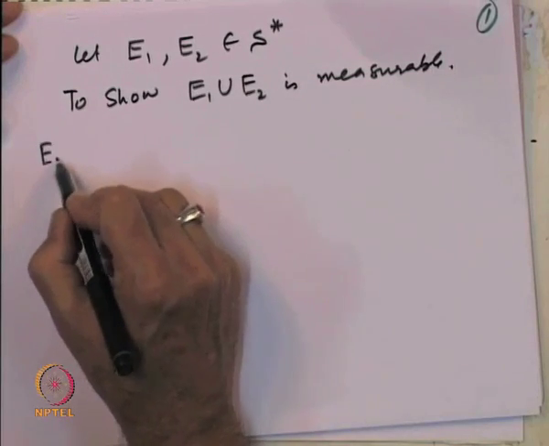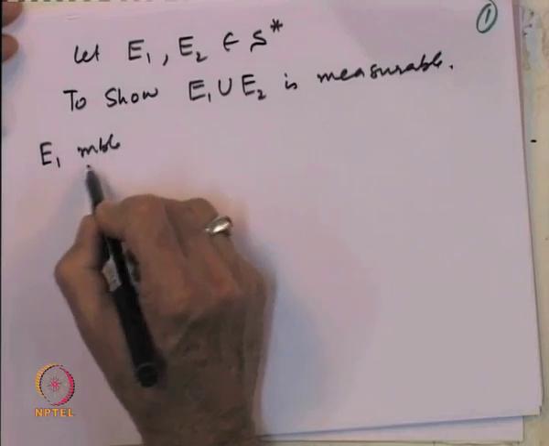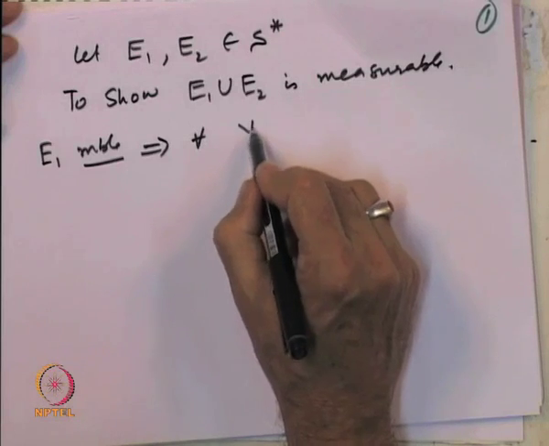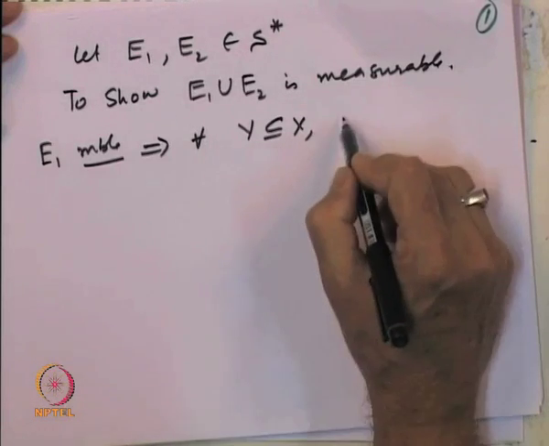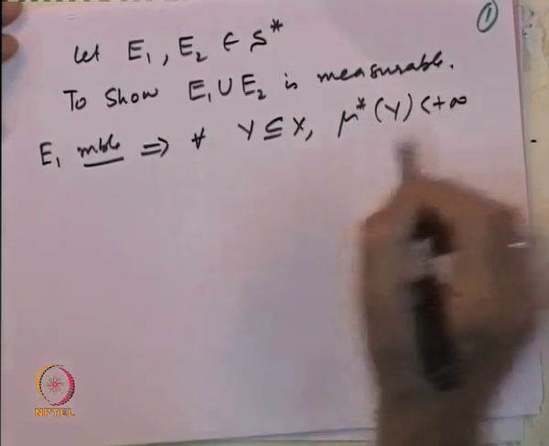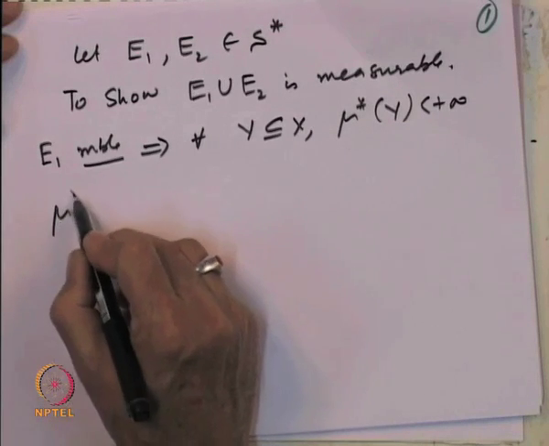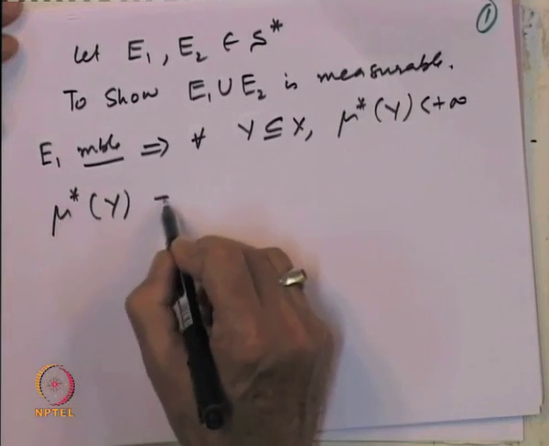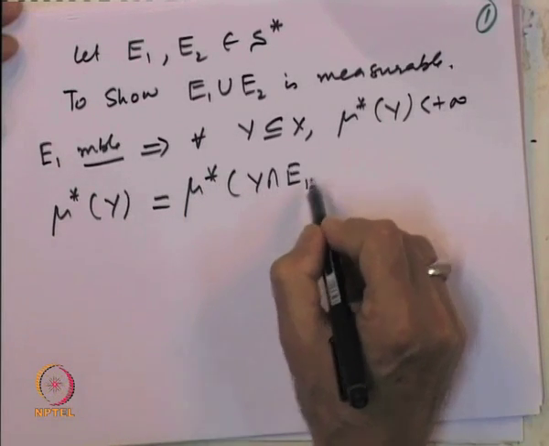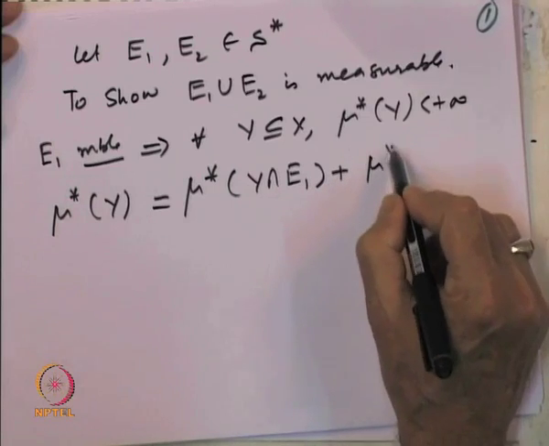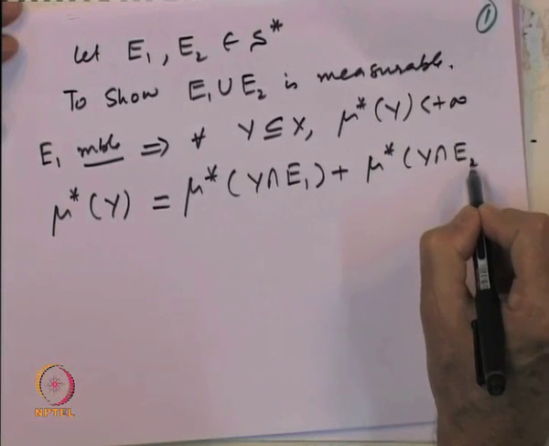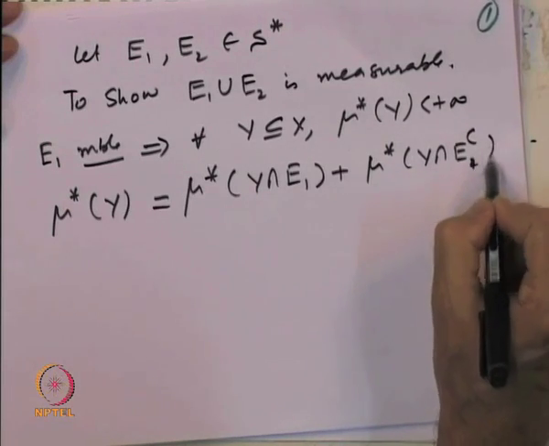E 1 measurable implies that for every subset Y contained in X, with mu star of Y finite, we know that mu star of Y is equal to mu star of Y intersection E 1 plus mu star of Y intersection E 1 complement.